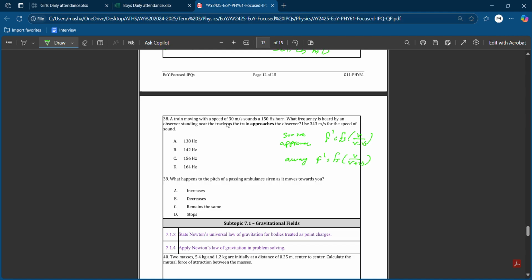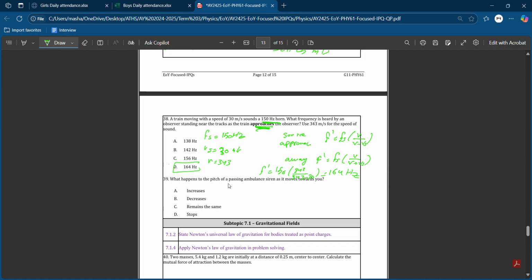We have a train moving, so the source is moving, vs equals 30 meters per second, and produces a sound, the source, 150 Hertz. What's the frequency heard by the observer? So it needs f prime as the train approaches, and we have v equal to 343. So apply f prime equals 150 times 343 over 343 minus 30. Using the calculator, it's 164 Hertz.